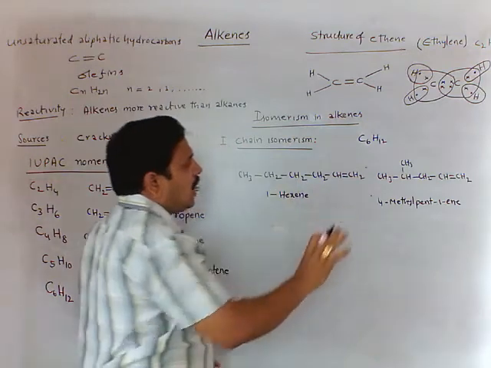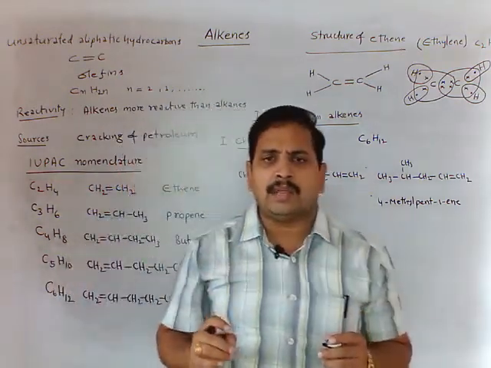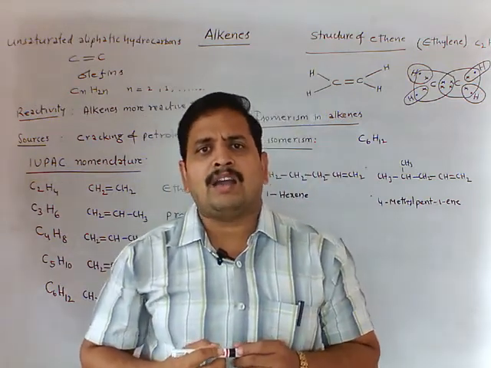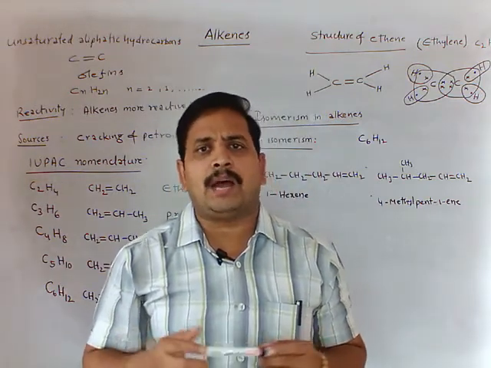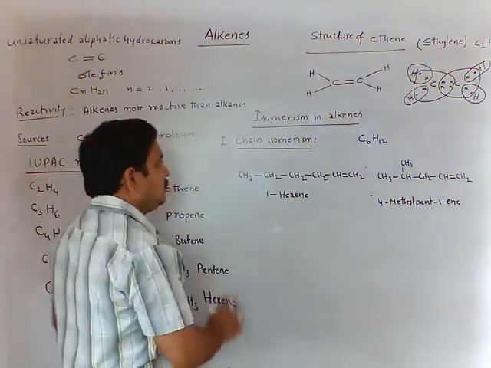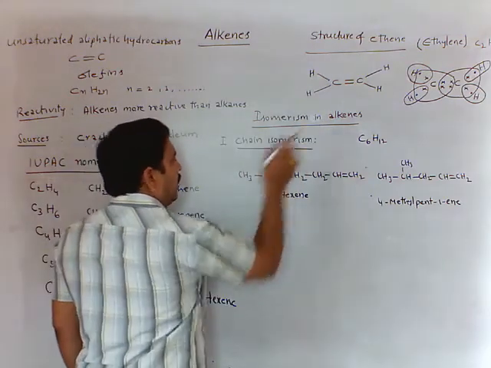These 2 compounds having same molecular formula and differing in carbon chain are called chain isomers, and this phenomenon is known as chain isomerism. This is about chain isomerism in alkenes.